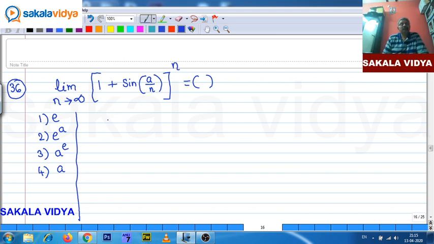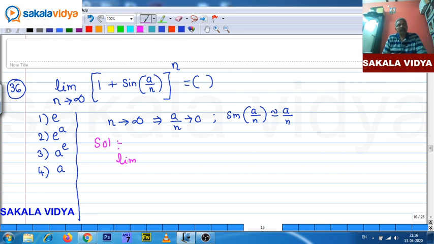So now as n approaches infinity, this a by n tends to 0. As sin of a by n tends to 0, sin of a by n is approximately equal to a by n. Now the solution becomes like this.